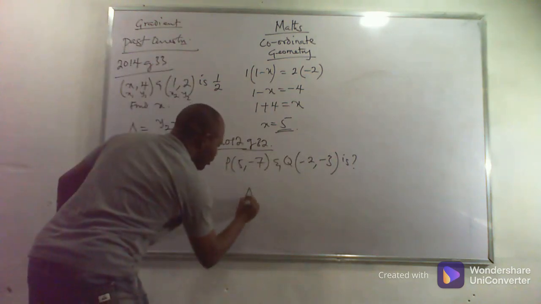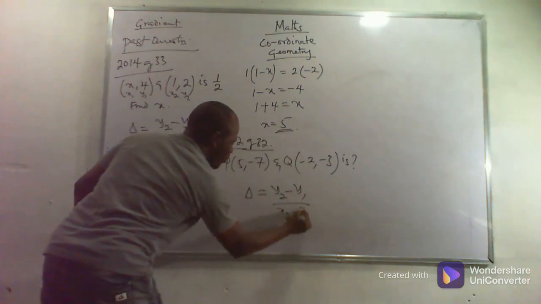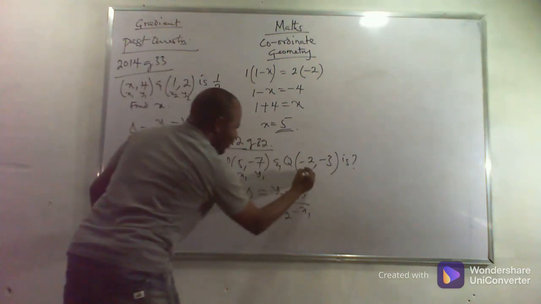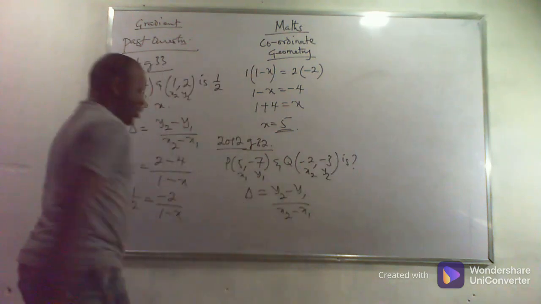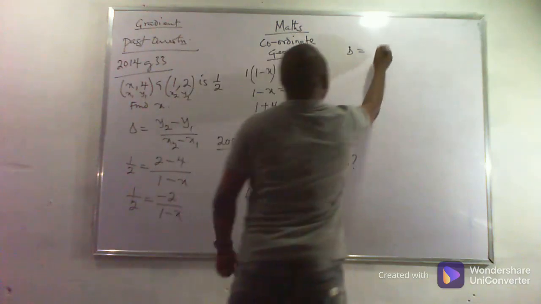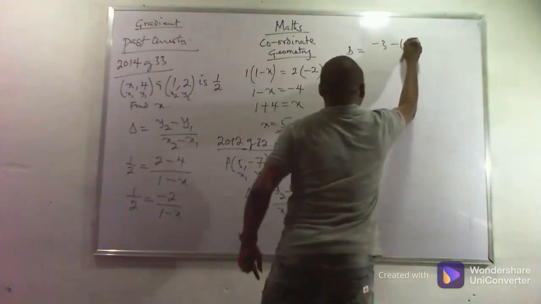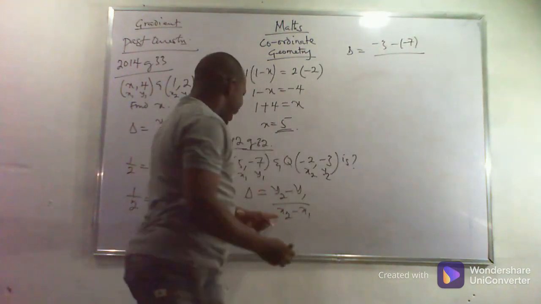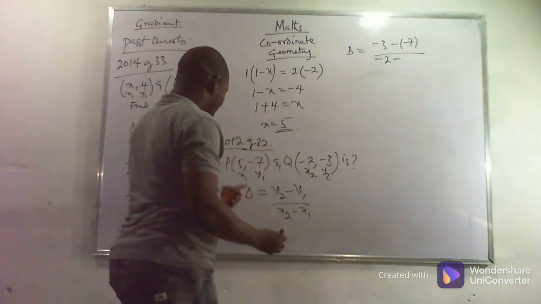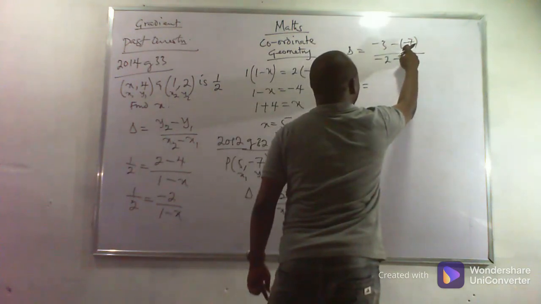Very simple. Gradient is (y2 minus y1) over (x2 minus x1). So name the points x1, y1, x2, y2. Gradient equals y2, minus 3, minus y1, minus 7, over x2, minus 2, minus x1, 5. Minus times minus gives plus.